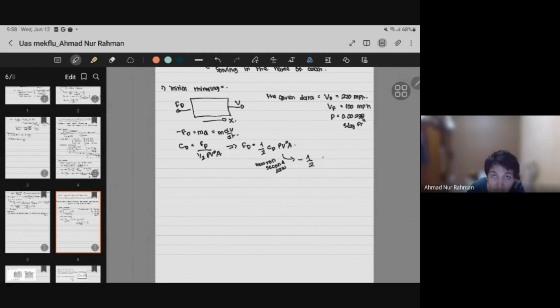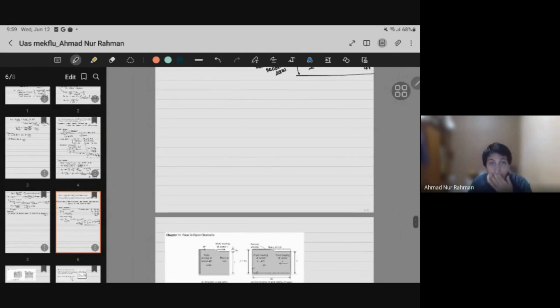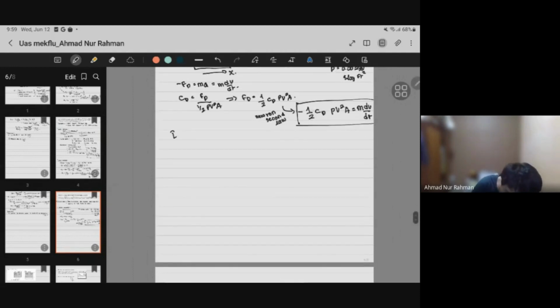So negative half C_D rho V squared A equals m dV per dt. This is the equation of Newton's second law from F_D. So now we can move to idealization.